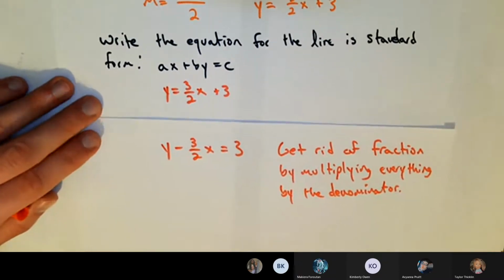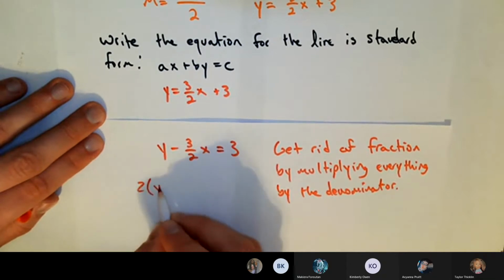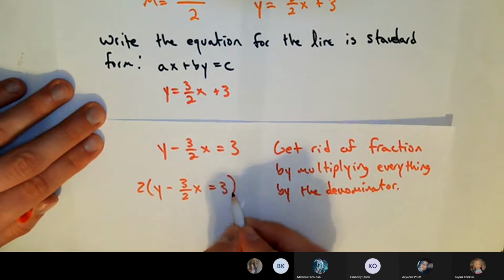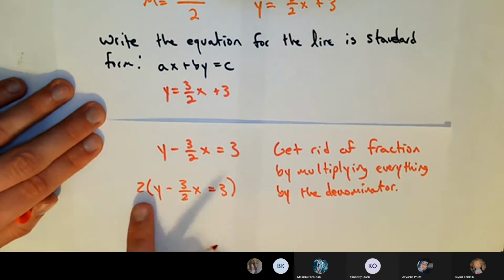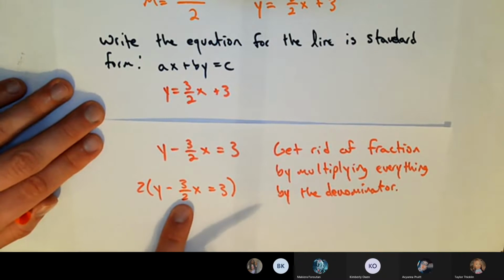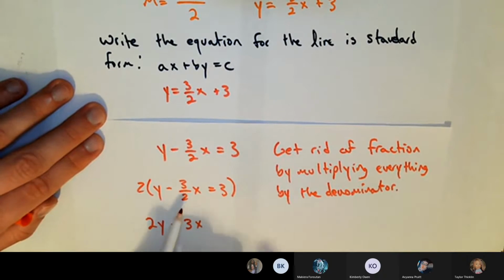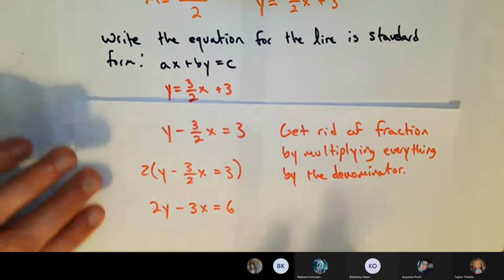So I'm going to multiply this entire equation by 2. That's effectively going to cancel that 2 out, but it's going to have the effect of doubling the y, making this just a 3x, because the 2 cancels with the 2 in the denominator, and then of course the 3 turns into a 6.